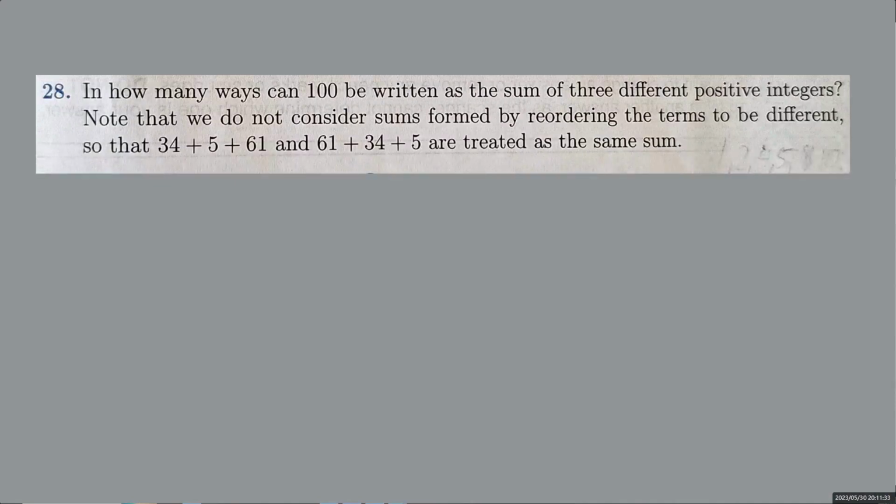Okay, question 28. In how many ways can 100 be written as the sum of 3 different positive integers? Note that we do not consider sums formed by reordering the terms to be different. So that 34 plus 5 plus 61, and if we reorder them, they are the same.